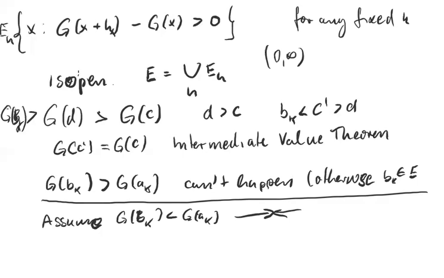So if it's not greater than G of a_k and not less than G of a_k, the only other possibility is that they must be the same.